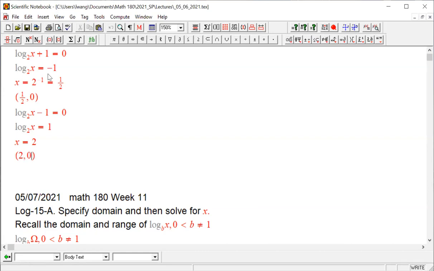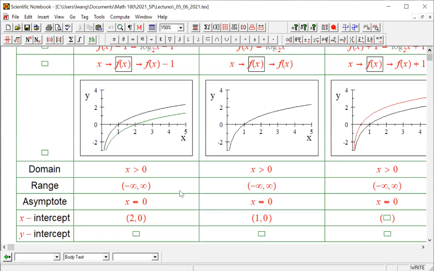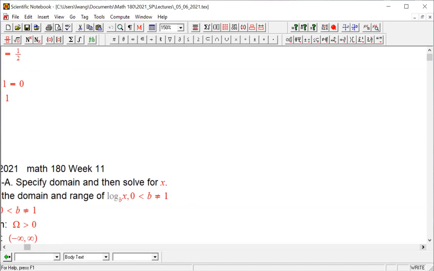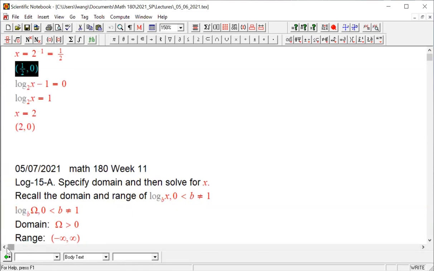There you have the geometric perspective, and you also have this algebraic perspective that we know how to find those points. When the input is 1/2, the output is 0, which is the x intercept.